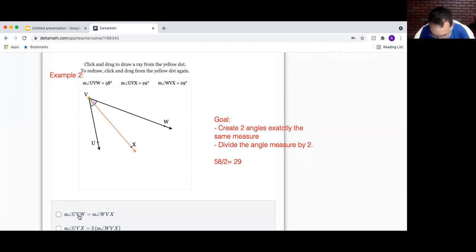Fortunately, it does give you in the diagram what the angles end up measuring here. So UVW is 58 and UVX is 29, so this is saying that 58 is equal to 29. Well, that really is not particularly accurate. So that is a no-go. I'm just going to put an X, and that tells me that that does not work.